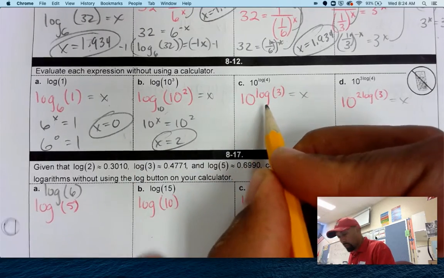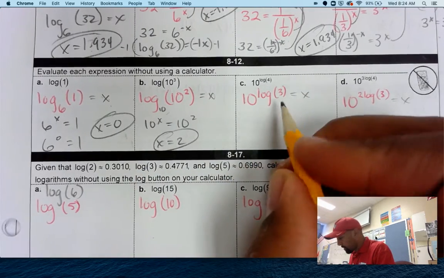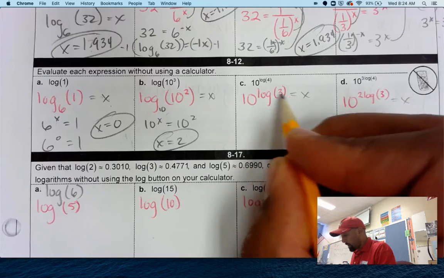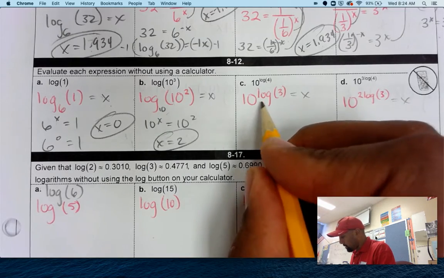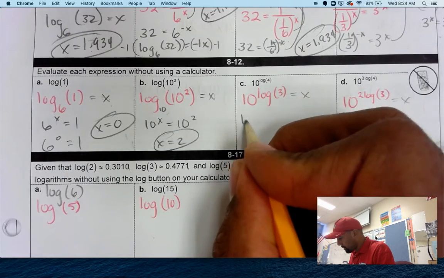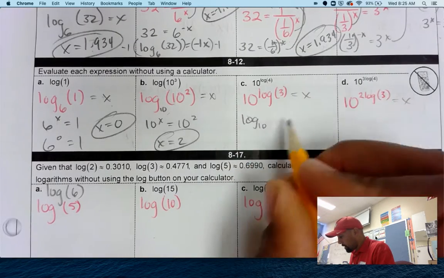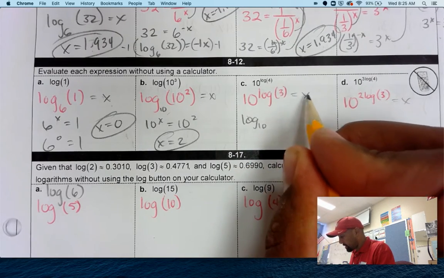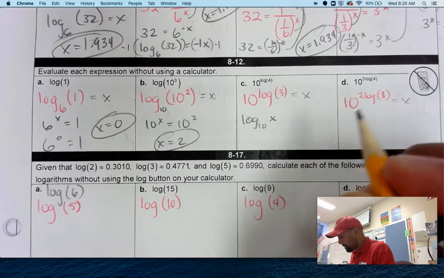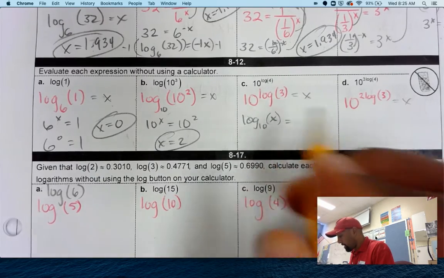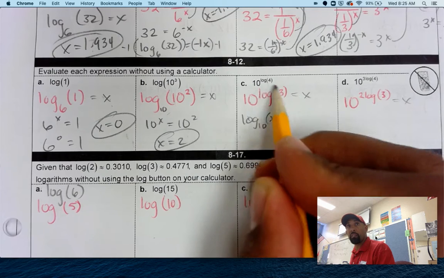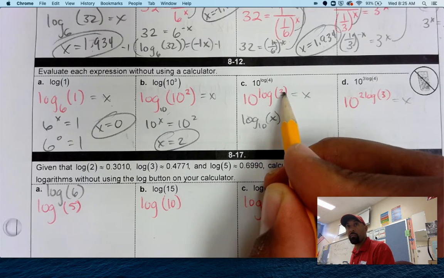Now with this one, we're going to put it in log form. So this would be log base 10. The a is here, so that just goes here. And then the e is all of this, it's the log of 3.